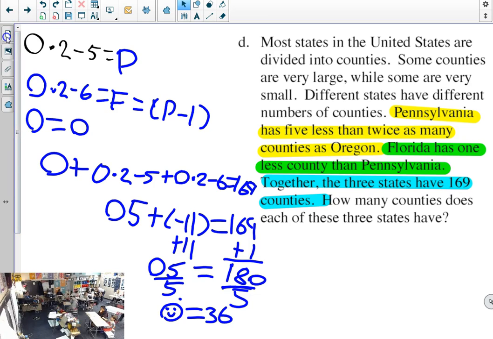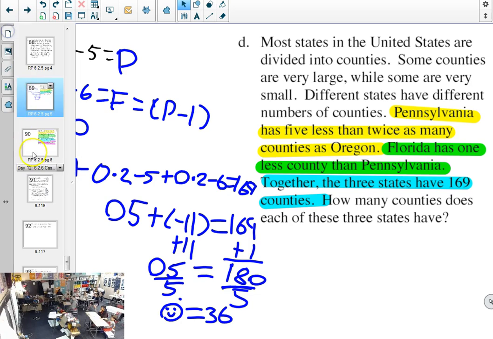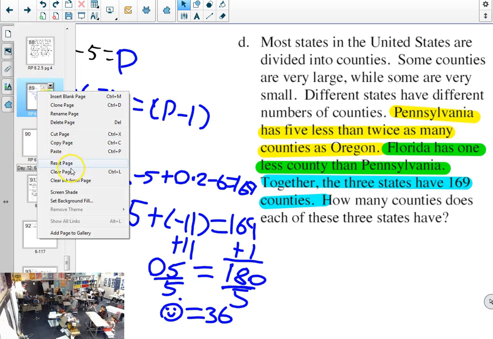Which one are you guys? This one? Okay, so let's see another version of this. See if they did it any differently.